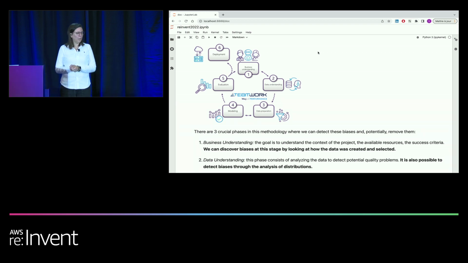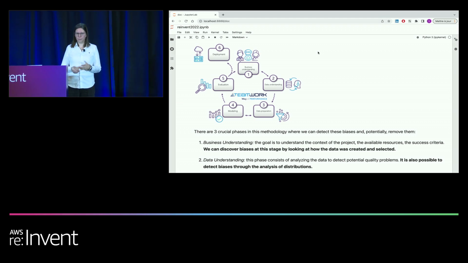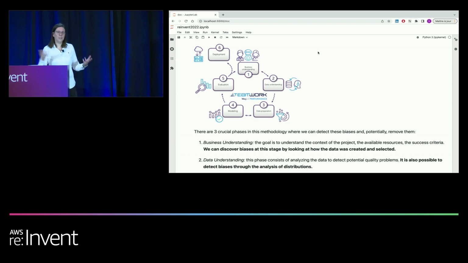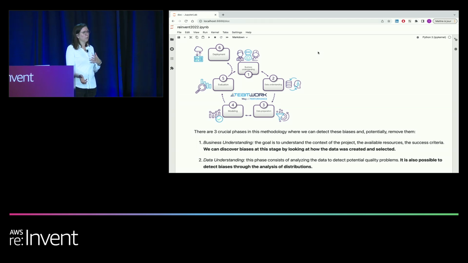Okay? If you're working in data science, you know that we work with an iterative process. We use the CRISP-DM methodology, but there are other ones, and there are different steps. You go through the steps until the model is good enough to go to deployment. And so you start with business understanding. The goal is to discover what the customer really wants, what the data are, where they come from, and so on. Then you do the data understanding.